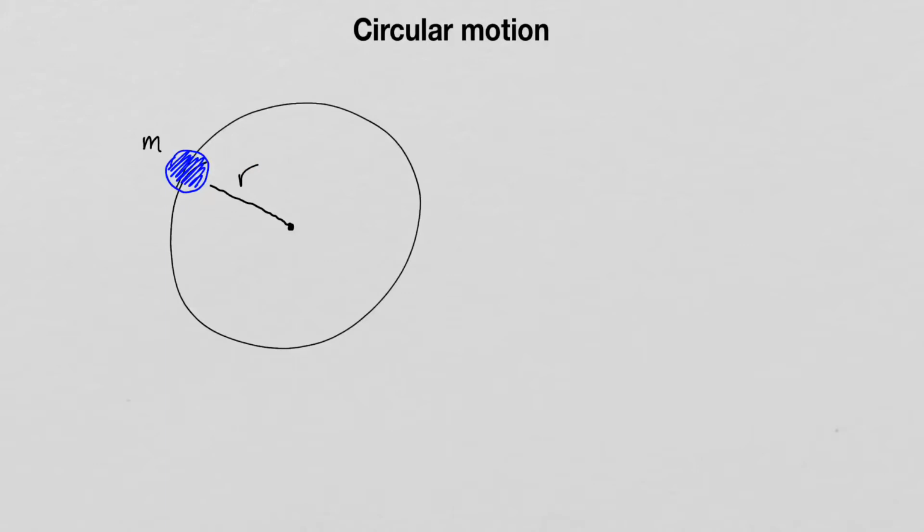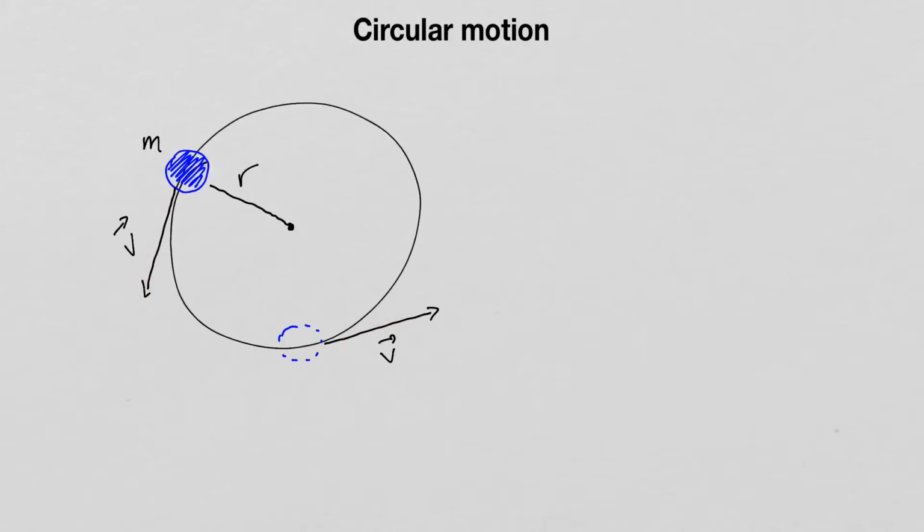The object is moving with linear velocity v, and the magnitude of that velocity as the object is going around the circular trajectory remains the same. So if the object was somewhere here along the trajectory, the velocity obviously has a different direction. However, the magnitude remains the same.